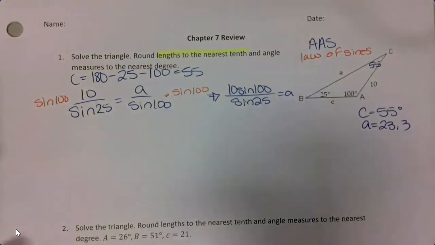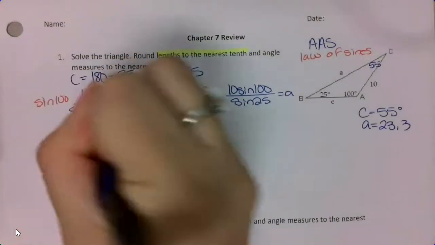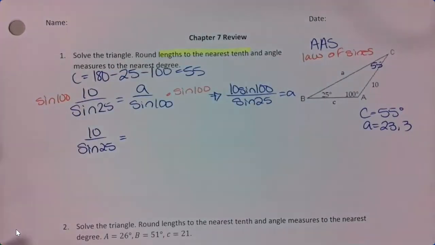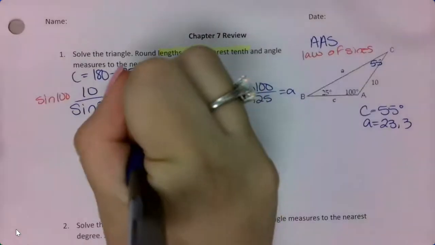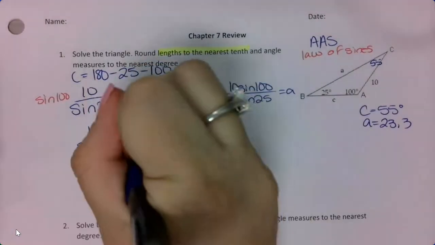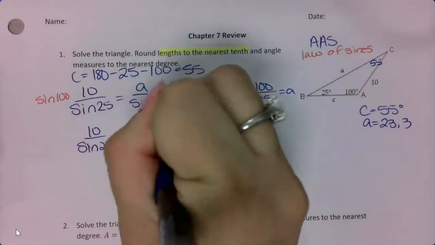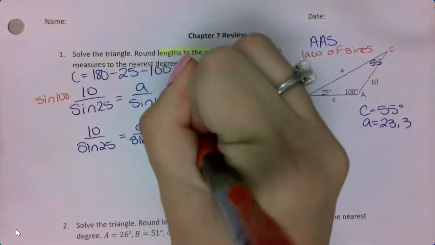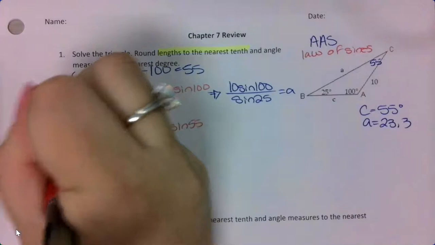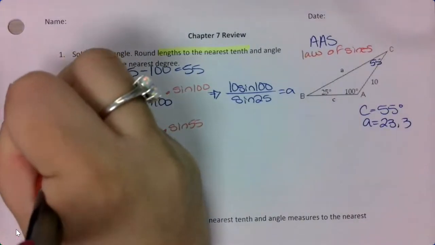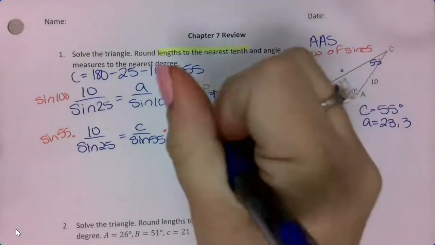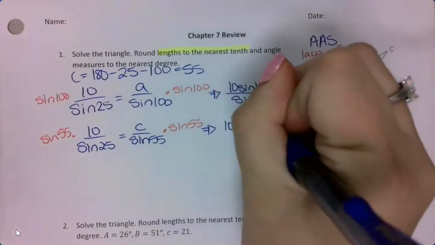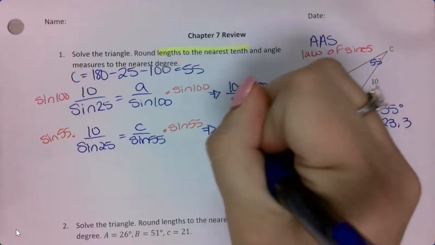Okay. Then I want to go ahead and do the same thing for C, so I'm going to still use the side that the triangle gave me. So 10 and sine 25 for B go together. This time I'm looking for letter C, and my angle here was sine of 55. So now I want to go ahead and get that sine out of my denominator. This is going to give me 10 sine of 55 over sine of 25.